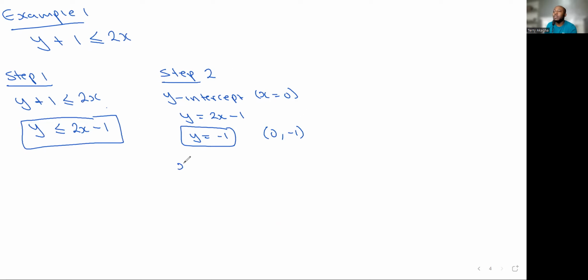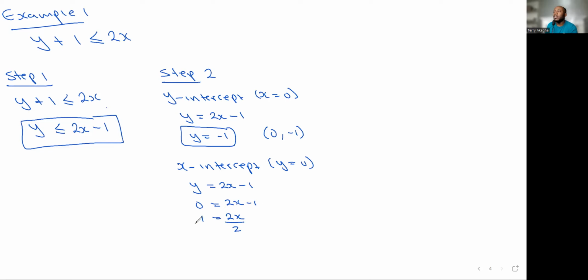Then for the x-intercept, we'll do the same thing. At the x-intercept, y is equal to 0. So we have y equal to 2x minus 1, so 0 is equal to 2x minus 1. Take 1 to the other side, so 1 is equal to 2x.